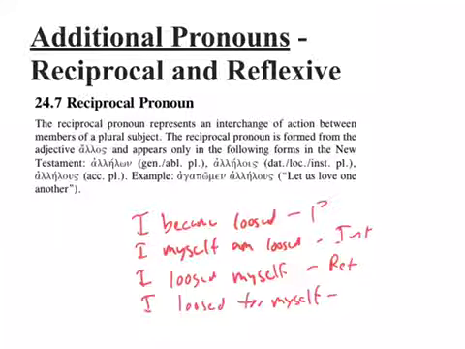The reciprocal pronouns would be allelon, allelois, and allelous. This is basically the one another. This would be reciprocal, yep. So, agapomen allelous, let us love one another.